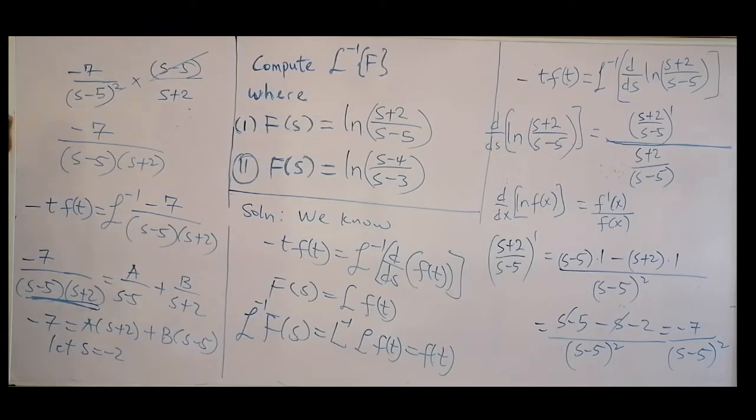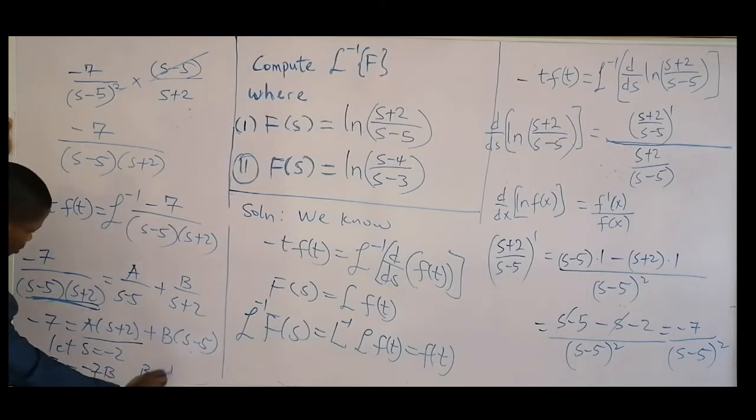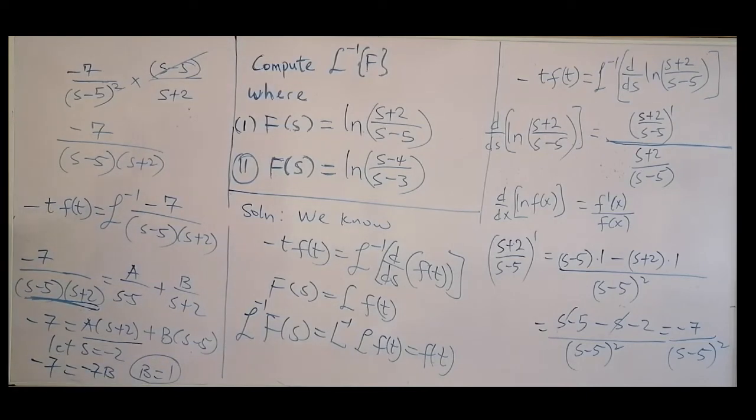I want to use the substitution method so that we can eliminate one and get the other constant. So minus 7 equals B times (minus 2 minus 5), that's minus 7B. So B is 1. I've gotten my B now.